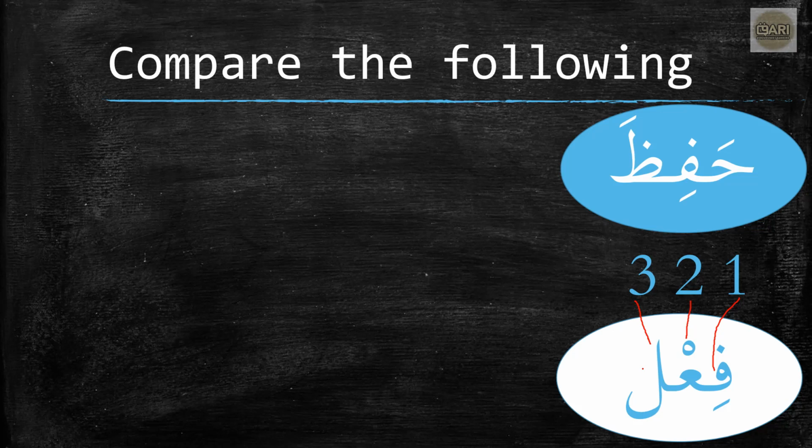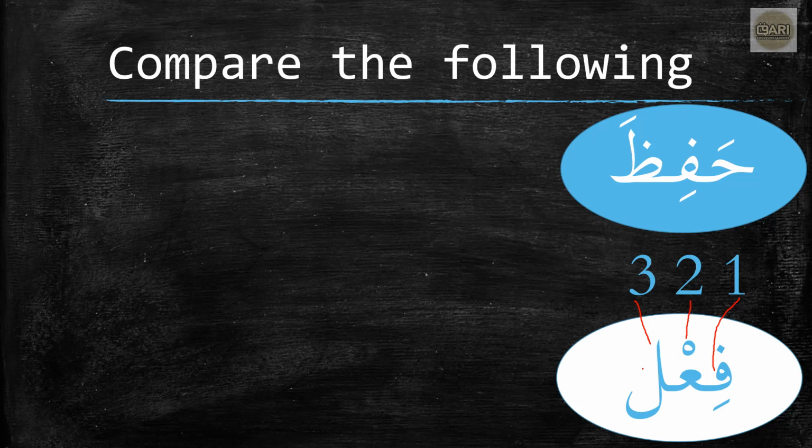So if you look at the word fi'l, and I ask you, what is the first letter of fi'l? What would you say? You would say fa. And interestingly enough, we can make a phonetical connection with that because fa begins with the same sound that first begins with, which is fa.